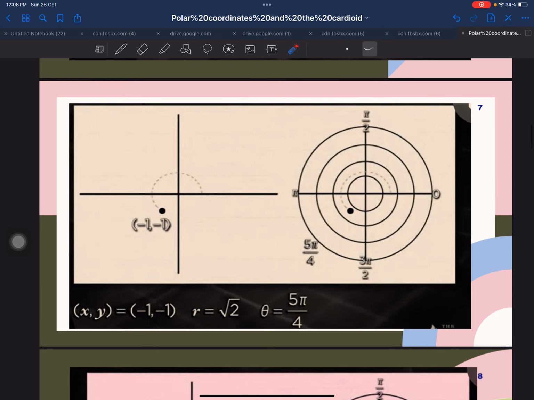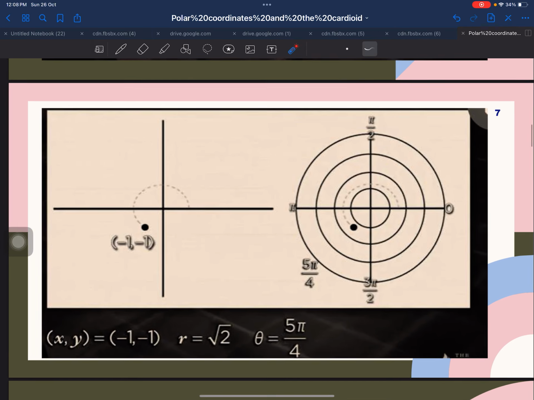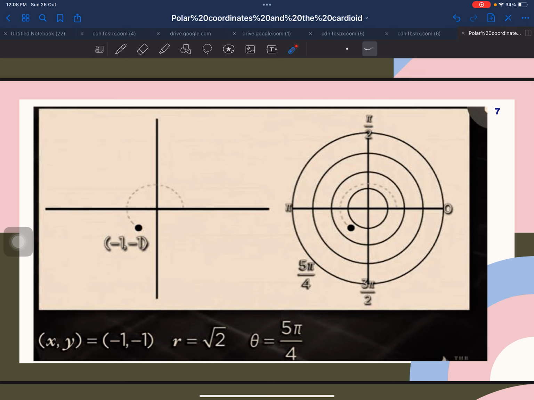So let's see. The angle goes all the way around to 5 pi over 4. Okay, so 5 pi over 4, there it is.